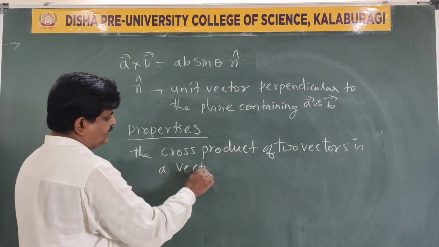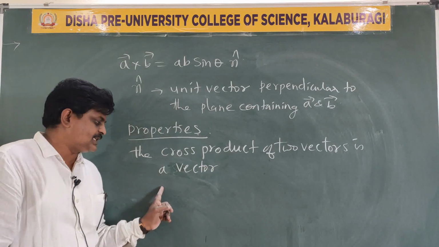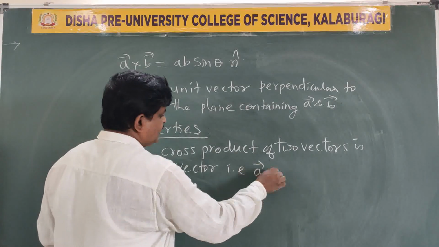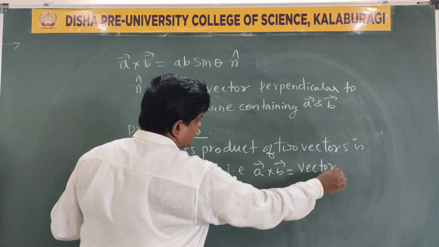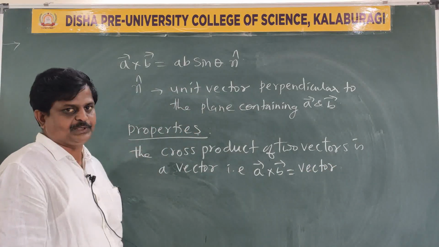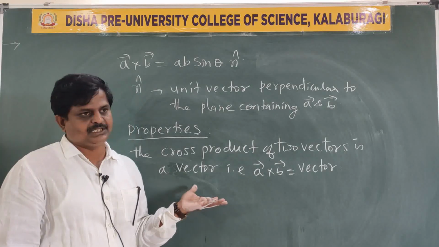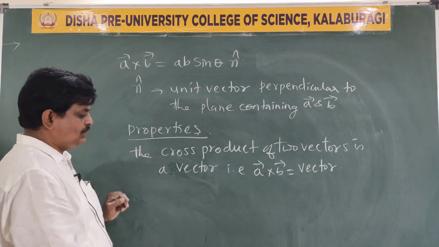That is the reason why the name is given. A cross B gives you a vector again. And this must have two aspects. One is a magnitude, which is AB sin theta. The second one is the direction, that is n cap. So A cross B is equal to what?